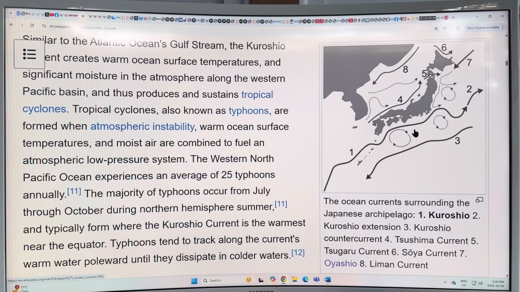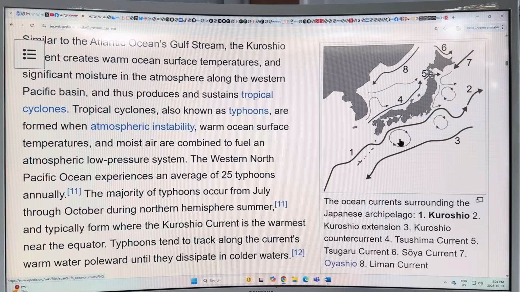Of course, you're going to get these eddies forming. Russ George spoke about eddies, the importance of ocean eddies, in his talk. And then you get the Tsushima current coming up here. And then you get the Tsugaru current going through the islands here, the Soya current, and this is another current, the Liman current.